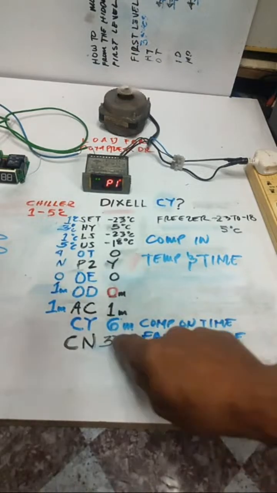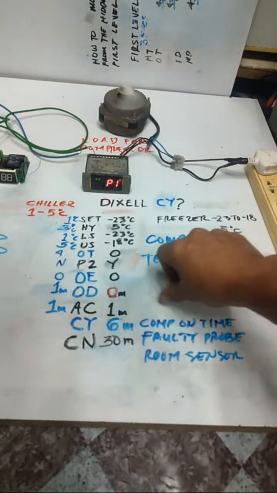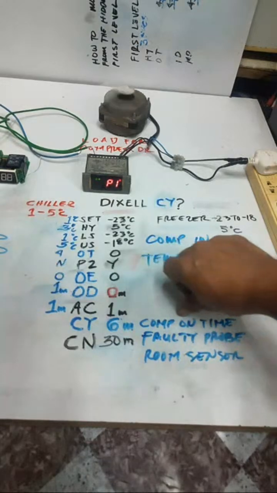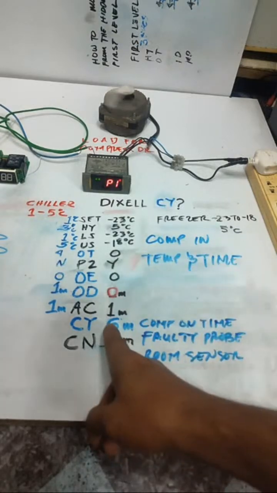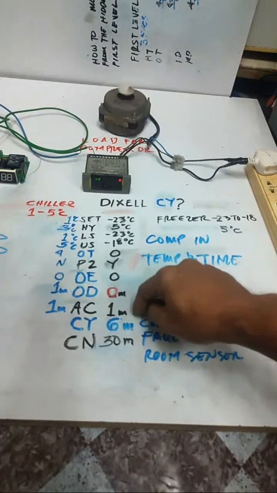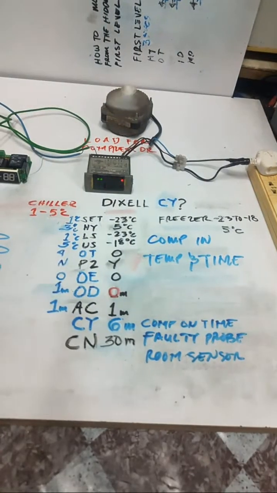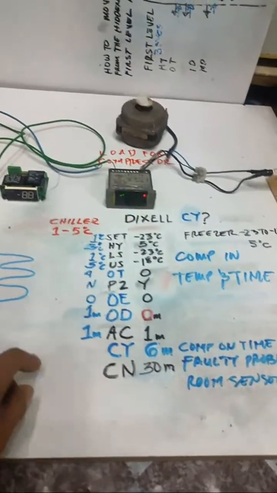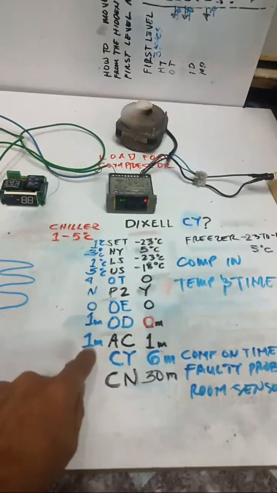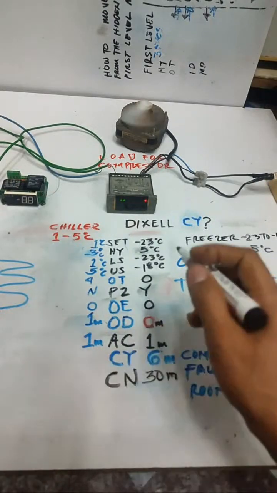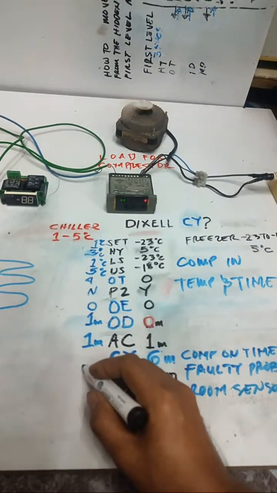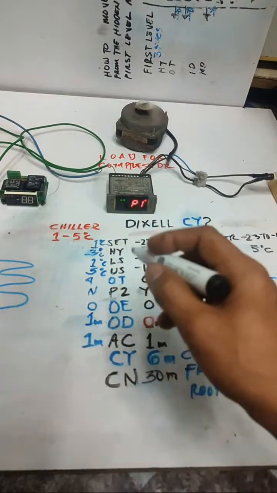If you set that to 0, compressor always off. Always off. So you need to put a value or change it according to your settings. And I also discussed chiller here. For chiller, it's up to you if you put 6 minutes there or 10 minutes or 9 minutes. It's up to you.